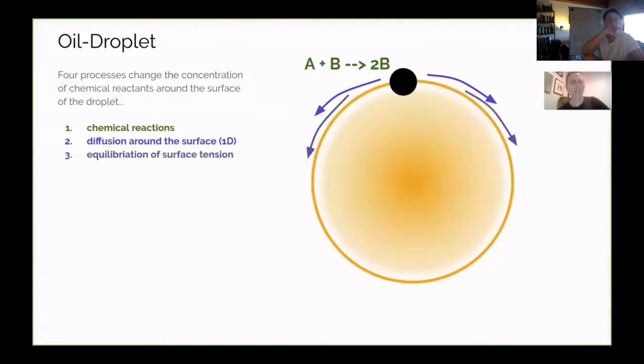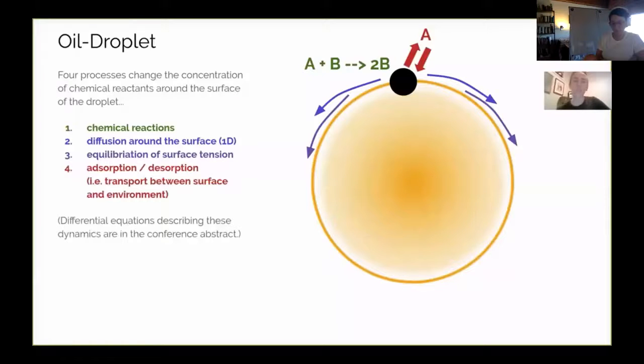A similar but not exactly the same kind of process is the equilibration of surface tension. Each one of the chemicals in our simulation has a surfactancy constant associated with it, which describes how it changes the local surface tension. And we have processes that cause material to flow in such a way as to equilibrate that surface tension.